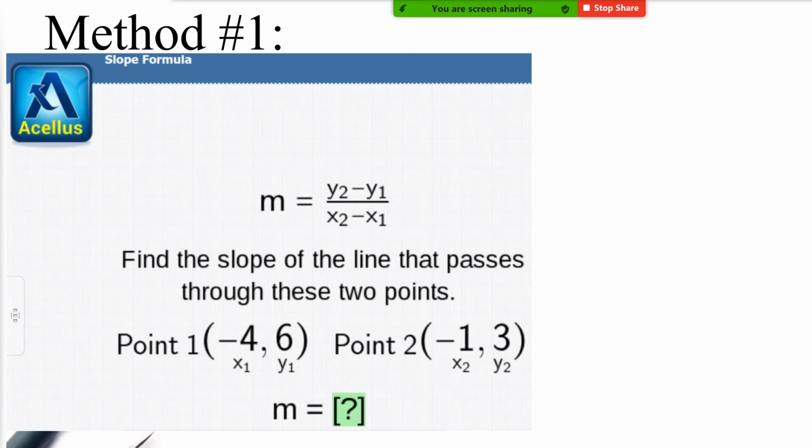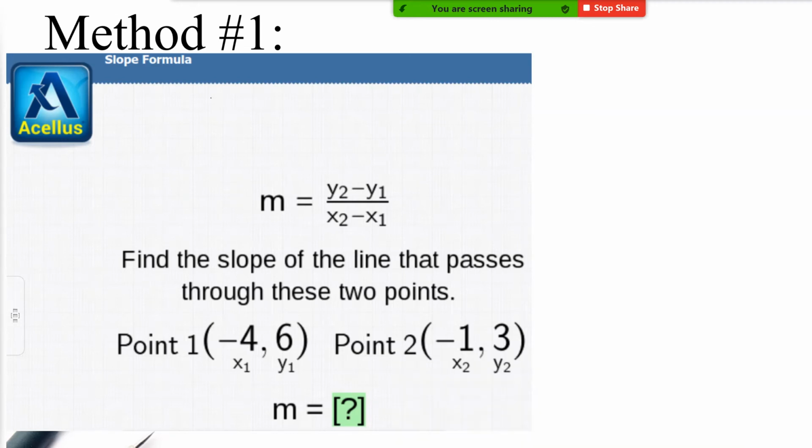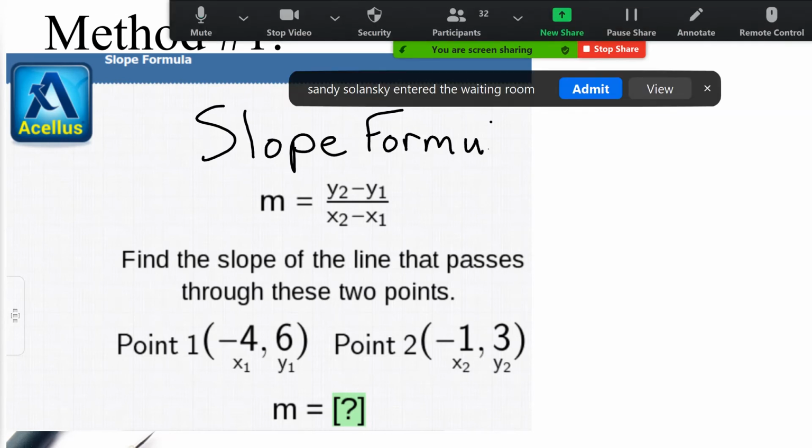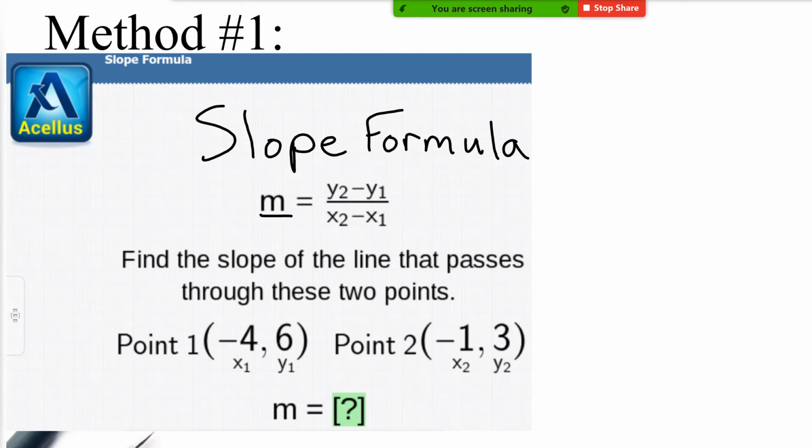So, the first method that we are going to use is with the slope formula. I would like you on your paper to please write the slope formula. Okay? The slope formula, M is y1, or excuse me, y2, which just means the second y, minus y1, that is the first y, all divided by the second x, x2, minus x1, which is the first x.